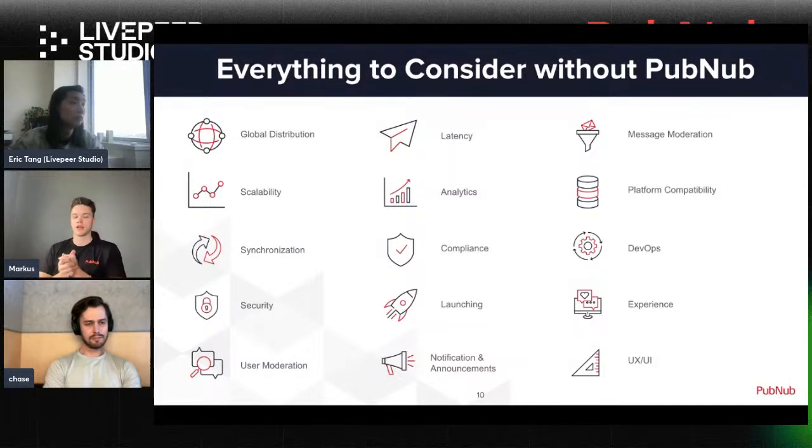You have global distribution, which Eric touched on a bit, having servers everywhere around the world, and scalability. So as you have more users, or more features, things just get more and more complicated without PubNub.